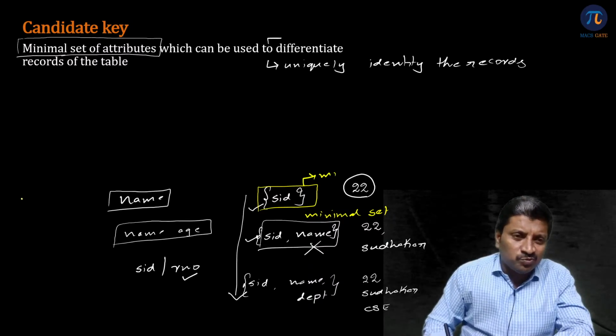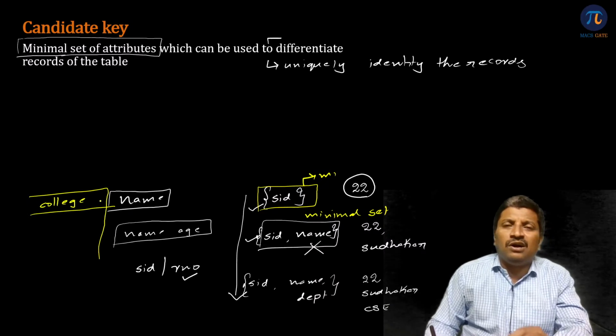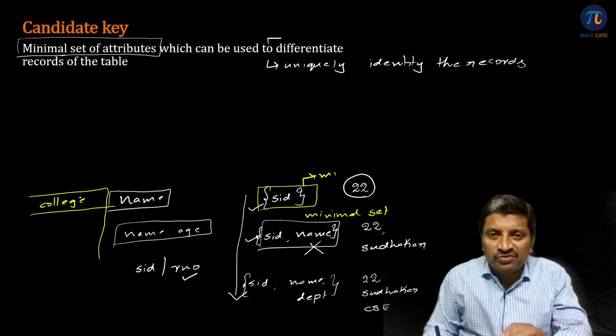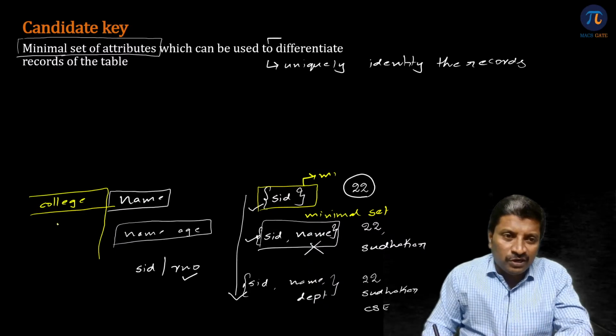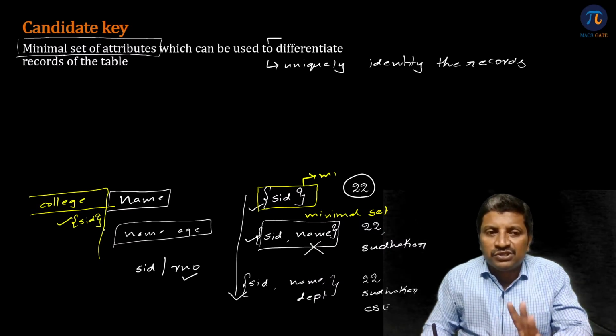Now let me give one more small example. Suppose the same students we have considered are in a college. Sir, in college almost all the students have different roll numbers irrespective of their class. So in college I can say student ID is enough to identify the records uniquely.